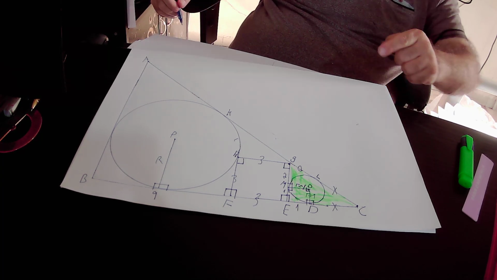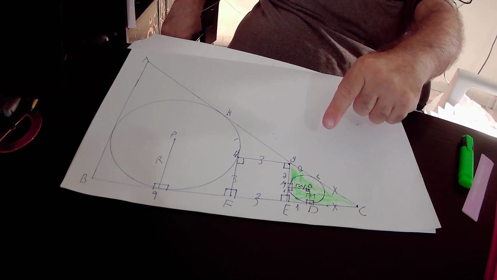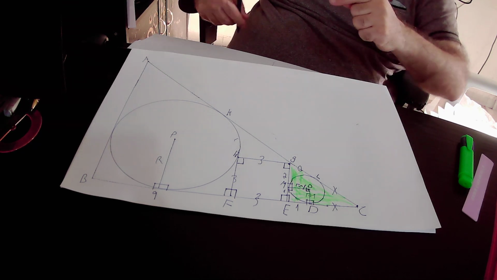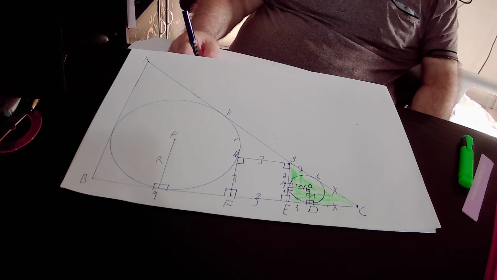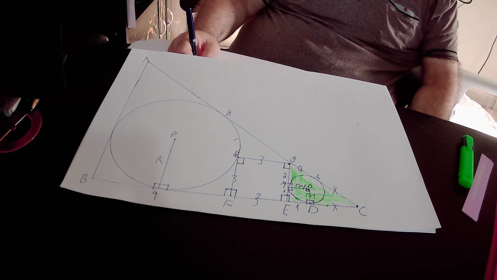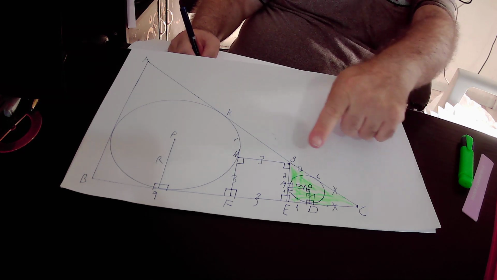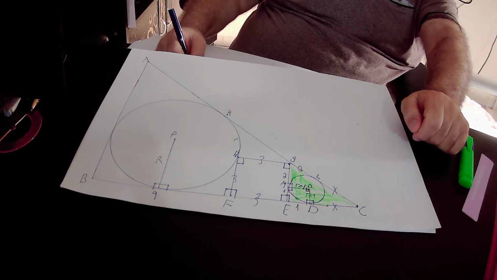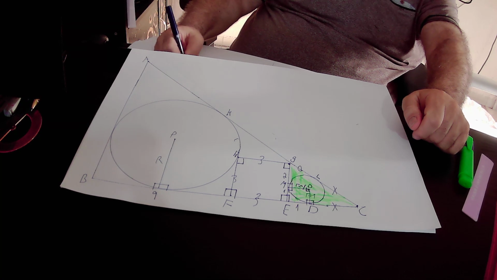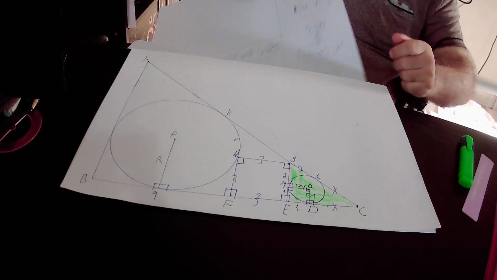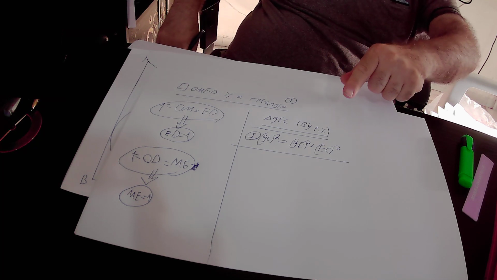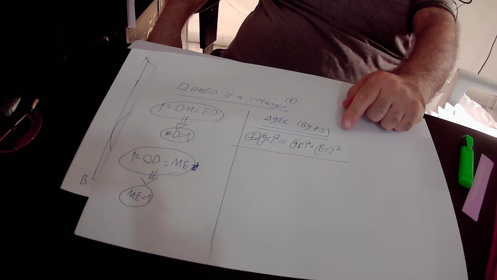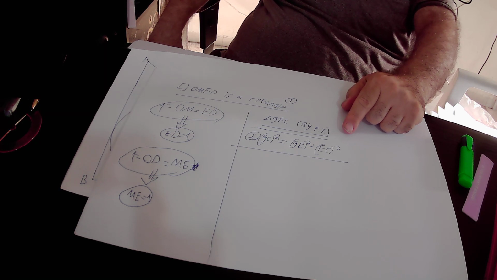That is equal to the sum of the squares of the perpendiculars, that is to say, GE square plus EC square. And repeat again, according to the Pythagoras theorem on the right green triangle GEC, GC square equals GE square plus EC square.